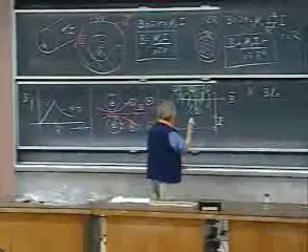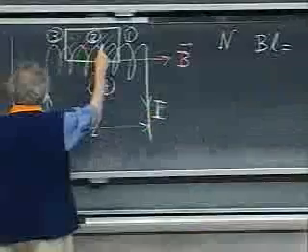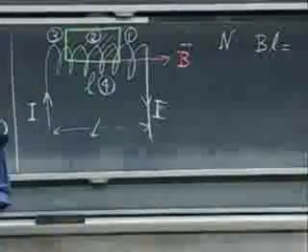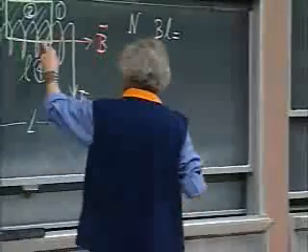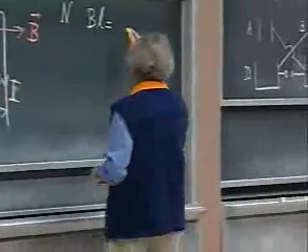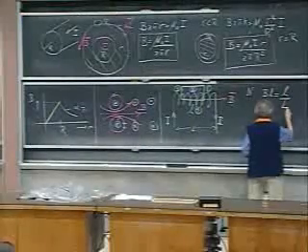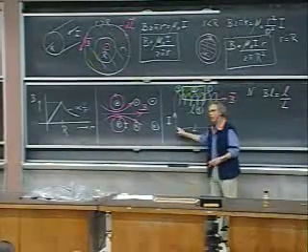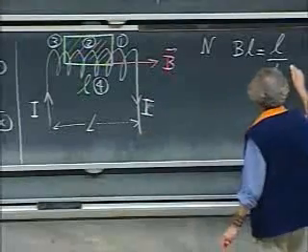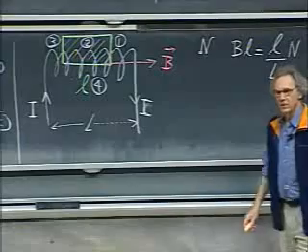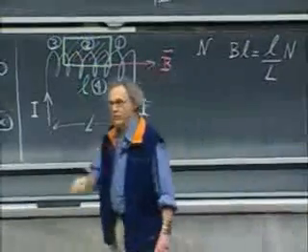The current that penetrates that surface: I have to know how many times this winding pokes through that surface. If the length of my rectangle is little l, and the length of the solenoid is capital L, and there are n windings on capital L, this is the number of times that the current pokes through that surface.